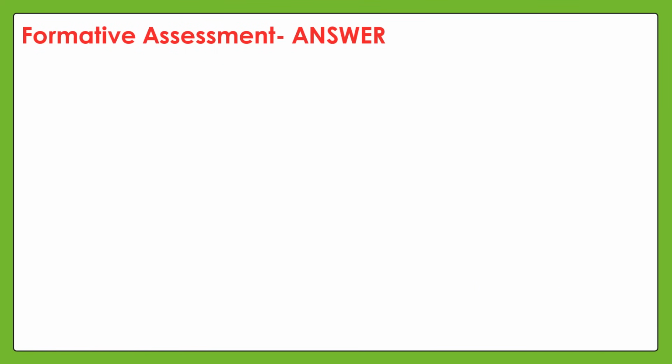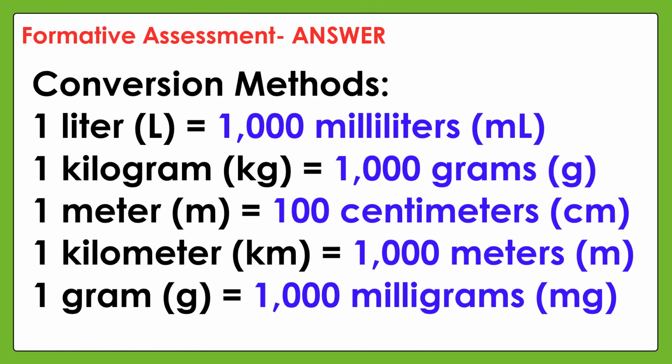Let us have first the conversion methods before the answer. 1 liter is equal to 1,000 milliliters. 1 kilogram is equal to 1,000 grams. 1 meter is equal to 100 centimeters. 1 kilometer is equal to 1,000 meters. 1 gram is equal to 1,000 milligrams.